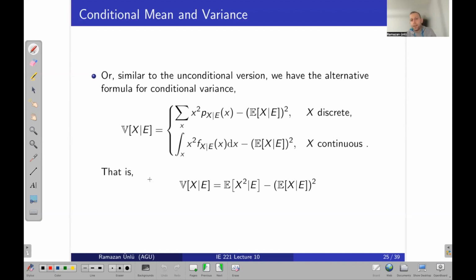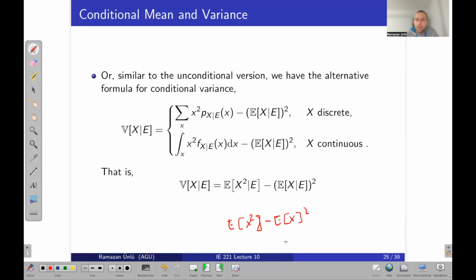That is exactly the same as saying the variance of x given A is equal to the expected value of x squared given A minus the expected value of x given A, squared. Remember how we calculated the variance in the previous lectures: the expected value of x squared minus the square of the expected value of x.